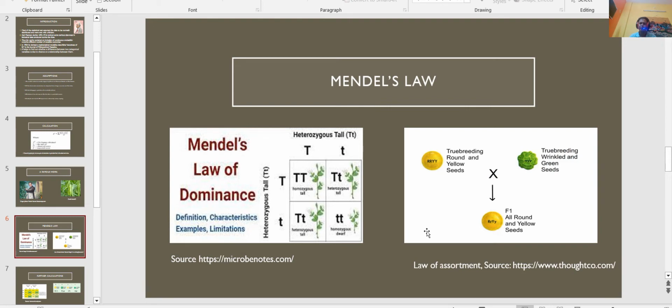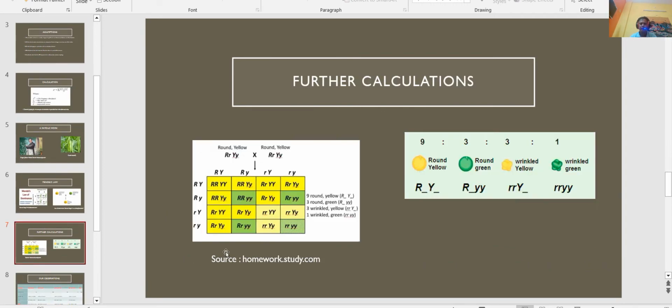So he could obtain the gametes in the first filial generation: R, Y, capital Y and small y. When he crossed both of them, he found that these four genotypes can be produced: capital R capital Y, capital R small y, small r capital Y, and small r small y.